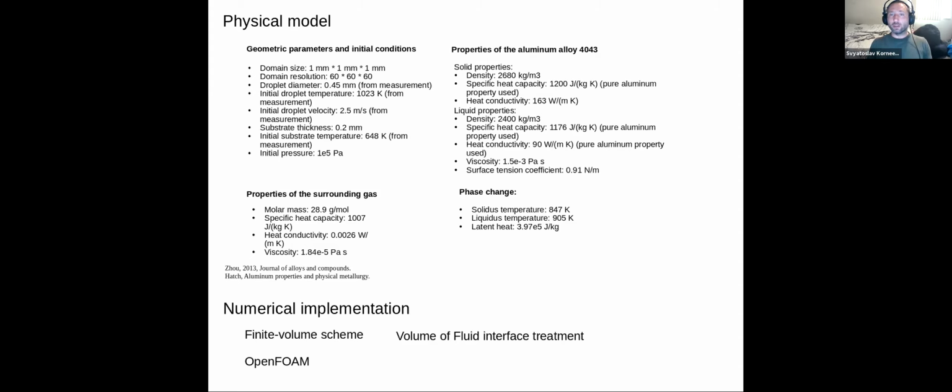We find these parameters by comparing the output of our model with direct experiment, and we solve the system of equations using a finite volume scheme. We use OpenFOAM and volume of fluid for interface treatment.